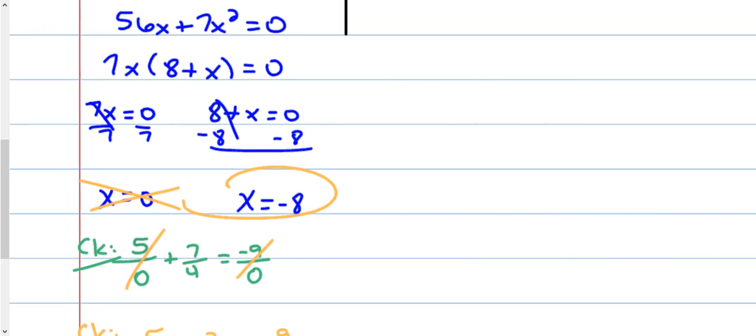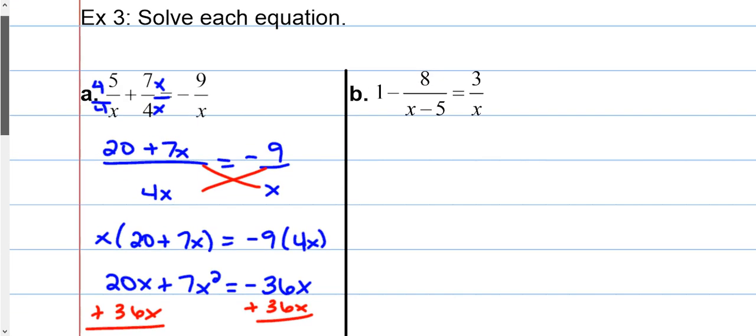So now, let's move on and go to our next problem, B. On problem B, again, you have to do the same thing. We are going to cross multiply. Well, before I can cross multiply, I have a 1 here that I can't really do anything with.